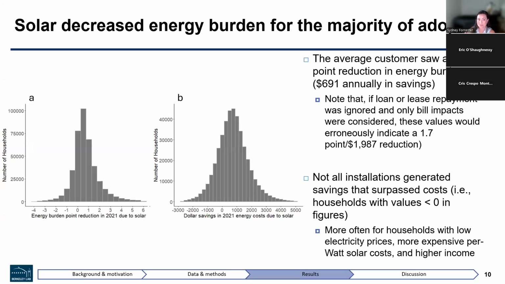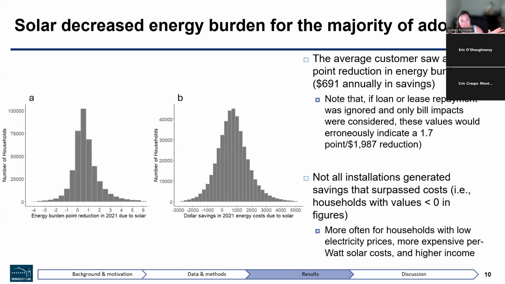I just want to emphasize how important it is to take into account costs. If the repayment was ignored and only the bill impacts were considered, these values would be very inflated. That 0.6 percentage point reduction would turn into a 1.7 percentage point reduction, and that $700 would turn into $2,000 of bill savings alone. So this is a shout out to why it's so important to take into account both the cost and the savings.